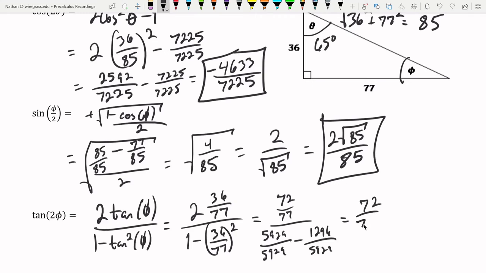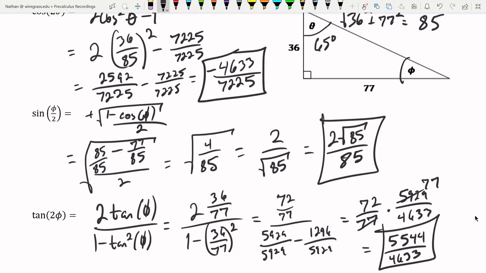So we get 72 over 77 times 5929 over the remainder, and we can reduce. We get 5544 over 4633. Not sure if that can reduce any further, but that's what I got for tangent of 2 phi.